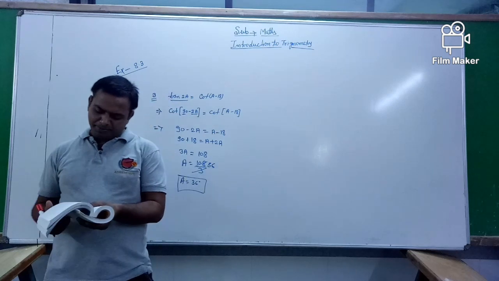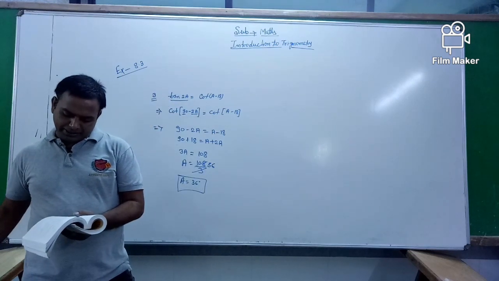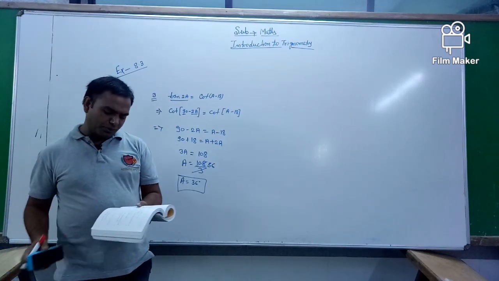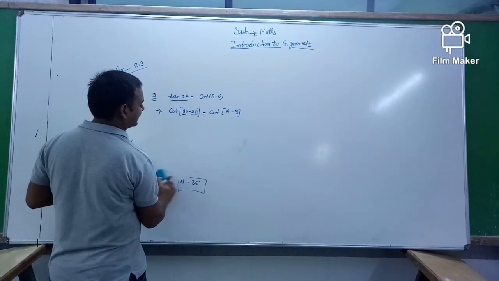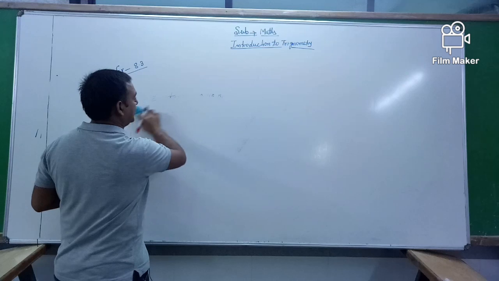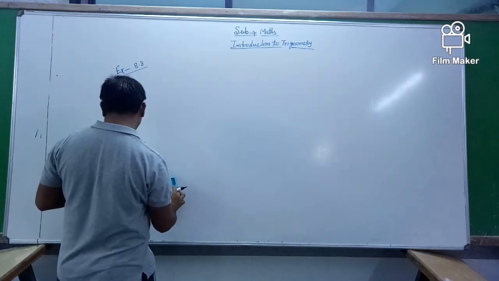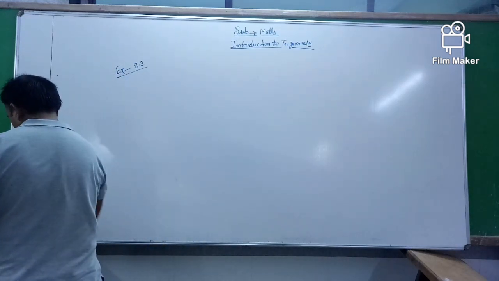The next question. Here, if tan a is equal to cot b, then prove that a plus b is equal to 90 degrees.